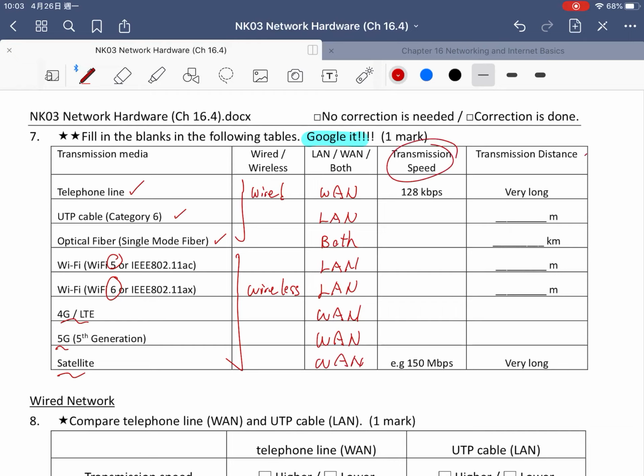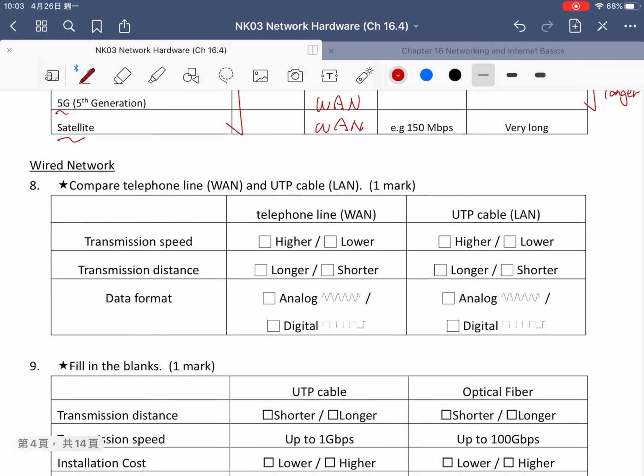For the transmission speed, you can Google it yourself. One point I would like to highlight is the 4G and 5G. The distance should be longer than Wi-Fi. Make sure that you find out this answer. So first of all, we compare the wired network first.